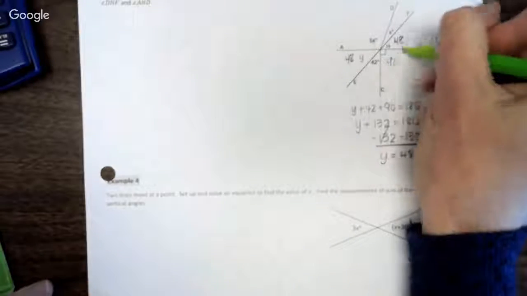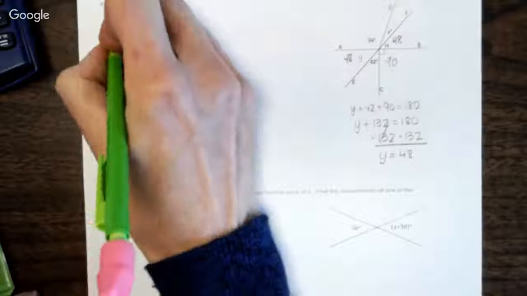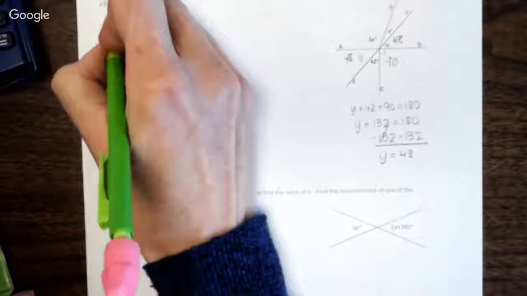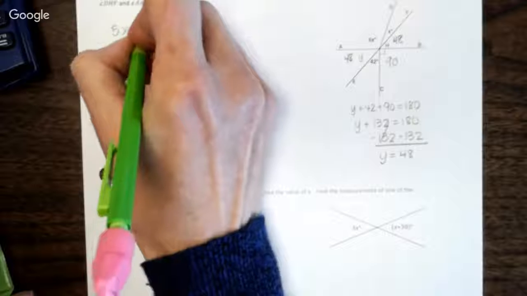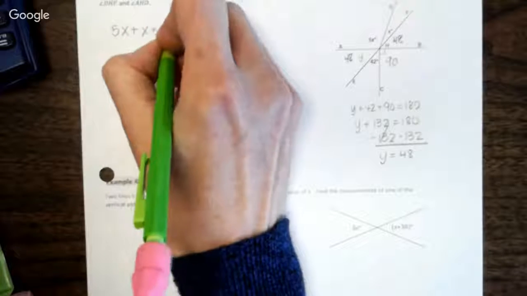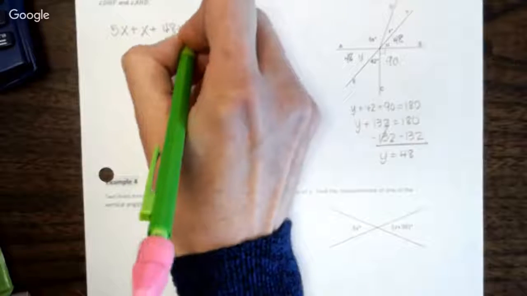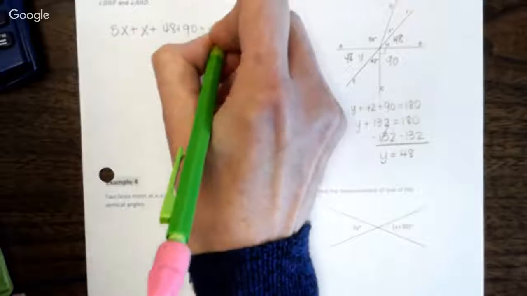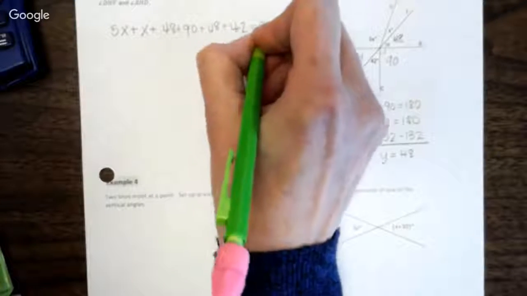And now I have all 6 angles. I know they form a circle, so that adds up to 360. So x and 5x, 48, 90, 48, and 42 will all add up to 360.